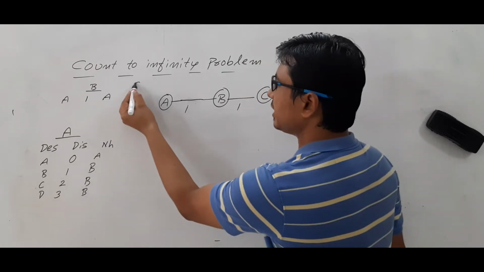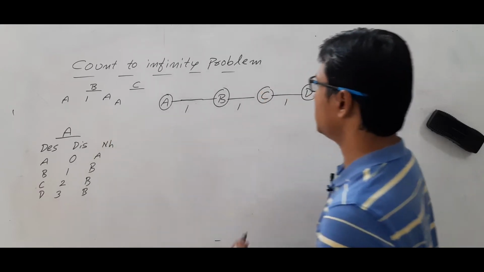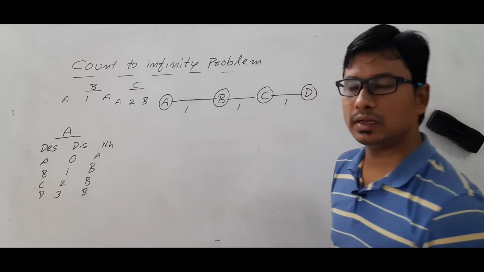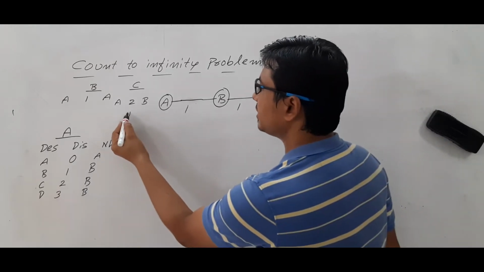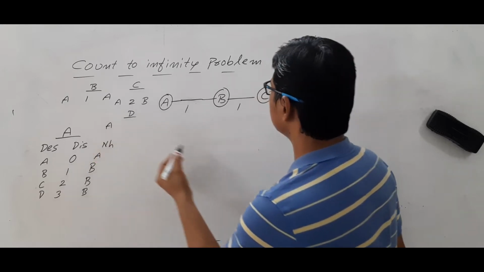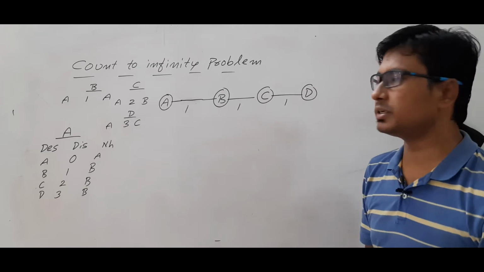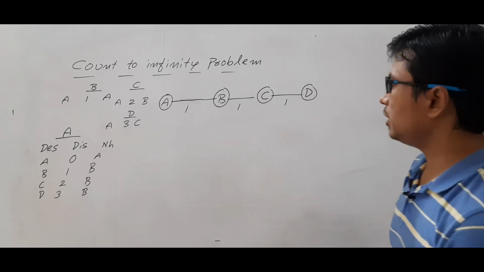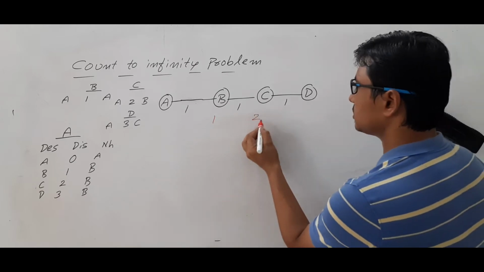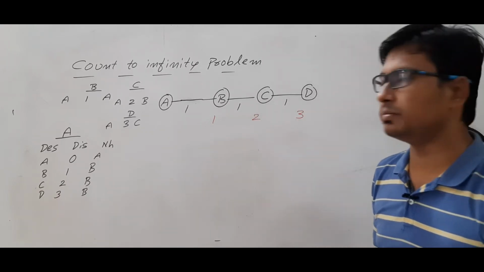Similarly, C will find its routing table about A as C to A distance is 2, next hop is B. Similarly, D will find its routing table about A as 3 and next hop is C. This is the information that will be there. So A to B distance is 1, C to A distance is 2, D to A distance is 3.